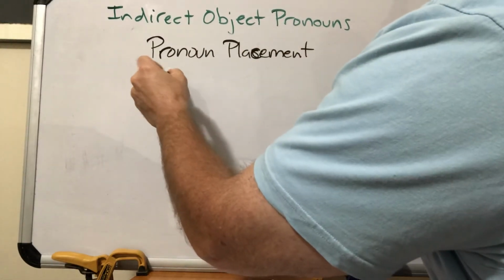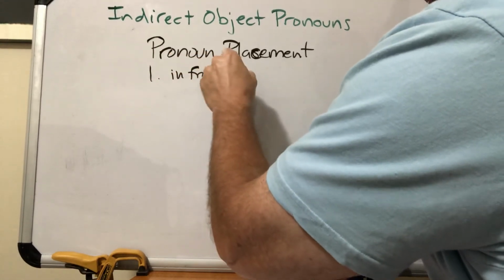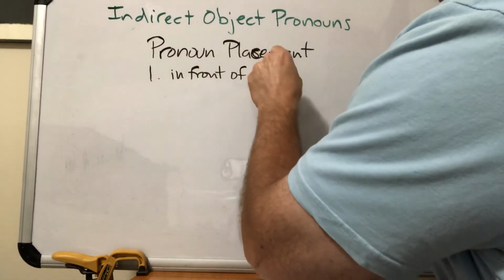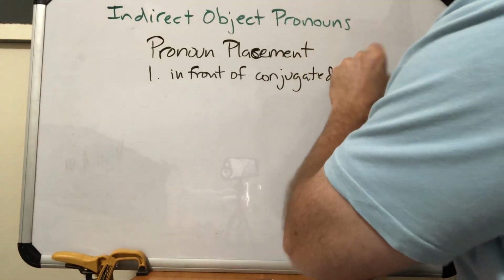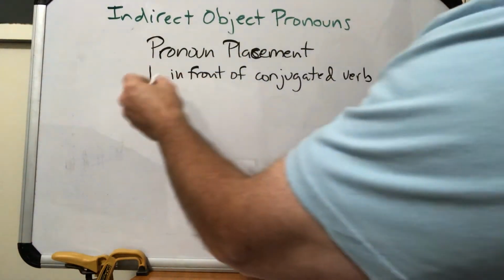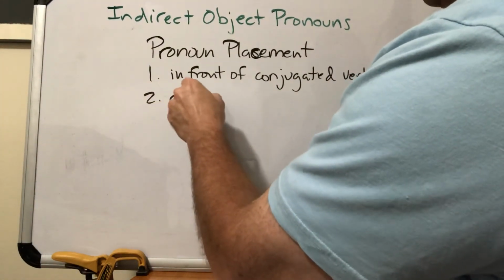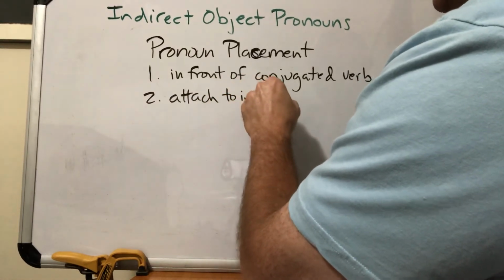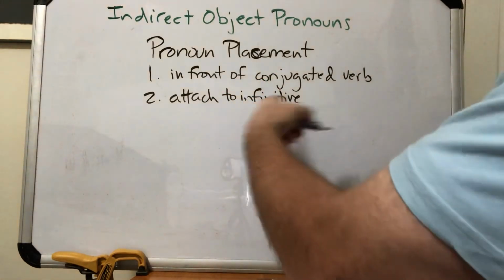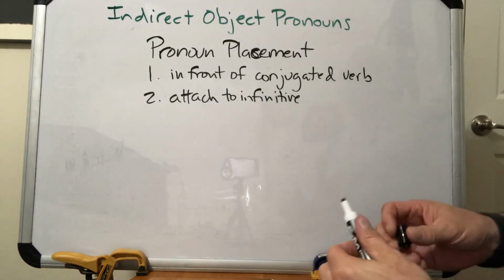One, in front of the conjugated verb. And again, that will almost always be one of your options. Number two, attach to the infinitive. Not all sentences have an infinitive in there, but if they do, then you can attach it.